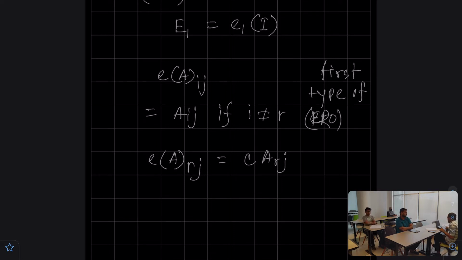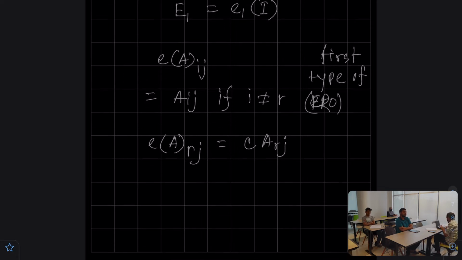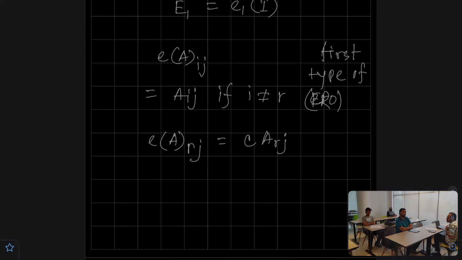So I just take the product of the element Arj with a field element, right? And c is a non-zero element that belongs to the field.